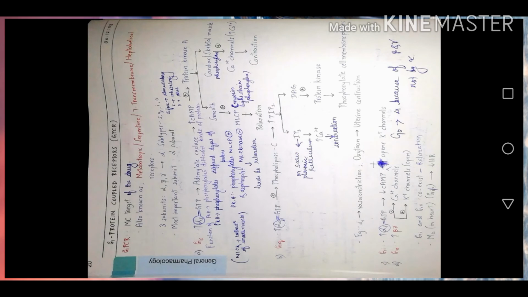So again, see nature's mystery. We see alpha 1 receptors are also present on the bronchial smooth muscles, right? It causes the vasoconstriction. Sorry, not bronchial, it is present in the blood vessel. I am talking about blood vessel right now, okay? In blood vessel, both alpha 1 and beta 2 receptors are present.